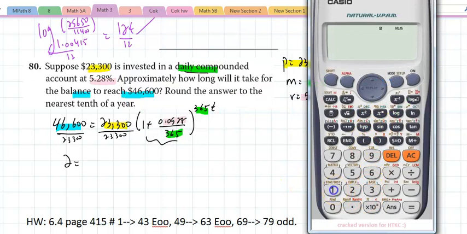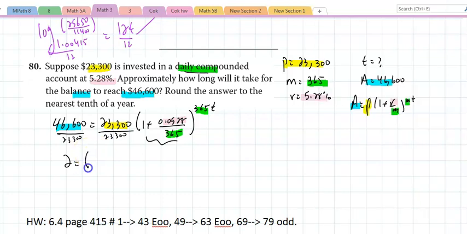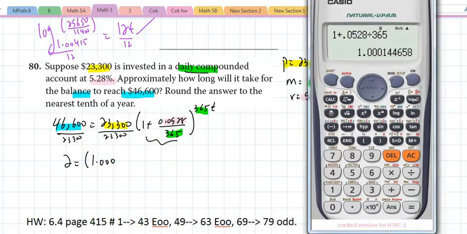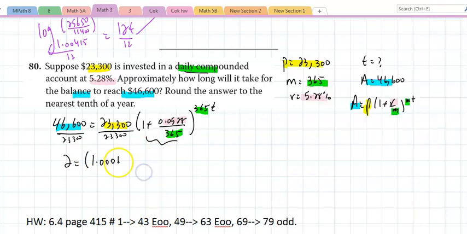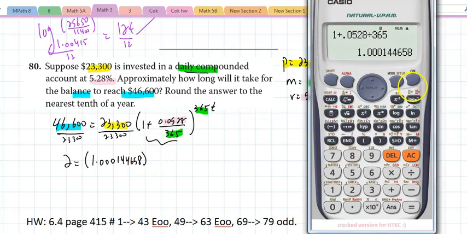So if I take 1 plus 0.0528 divided by 365, it's a big number. I'm going to go with 1.000144658.